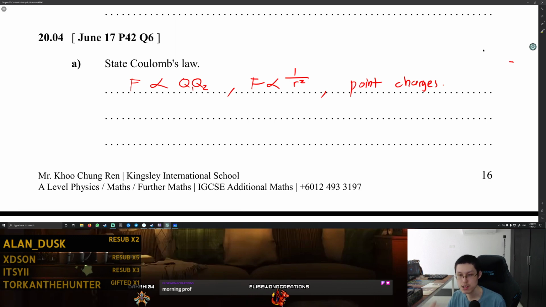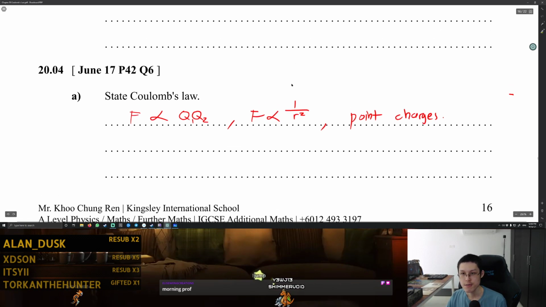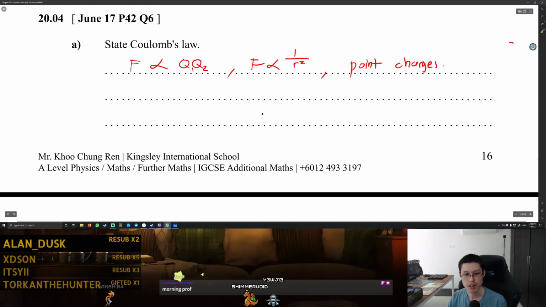Obviously don't write it out like that. Write it out in full using words. So you say electric force between two point charges is proportional to the product of the charges, inversely proportional to the square of the distance between them. But we've done the definition before, so I'm not going to write it out again.